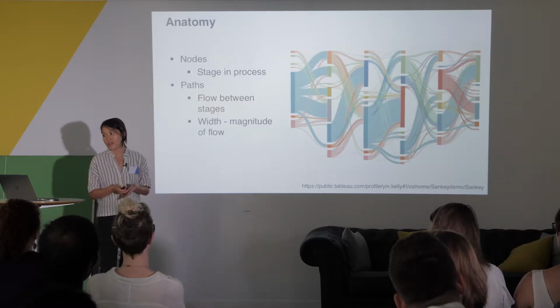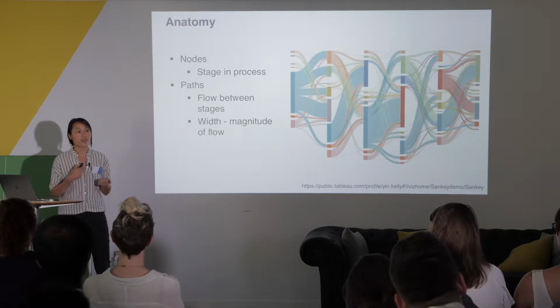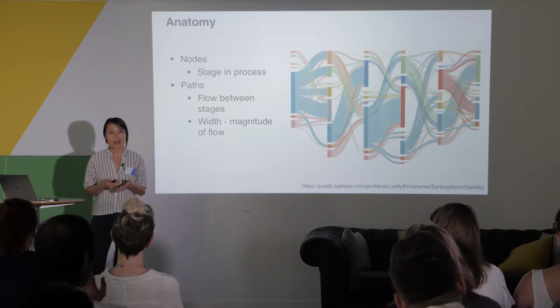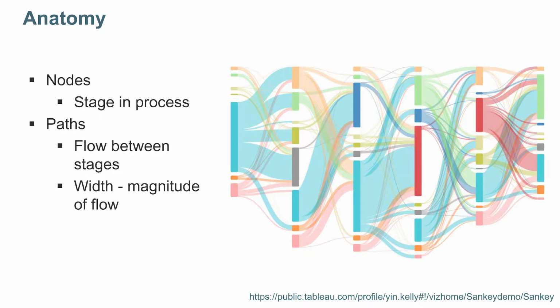Before I begin on how to create one, it's good to talk about the anatomy of the chart. A Sankey diagram is made up of a set of nodes and paths. Your nodes represent stages in your process, and the paths represent the flow between those stages, with the size linked to the magnitude of that flow.